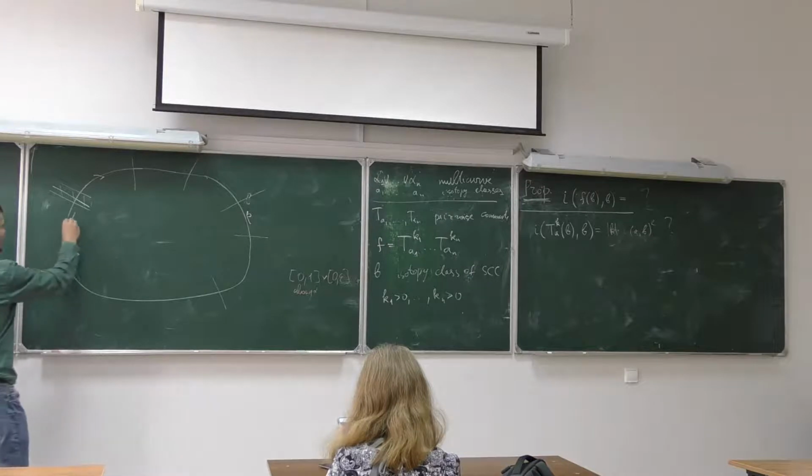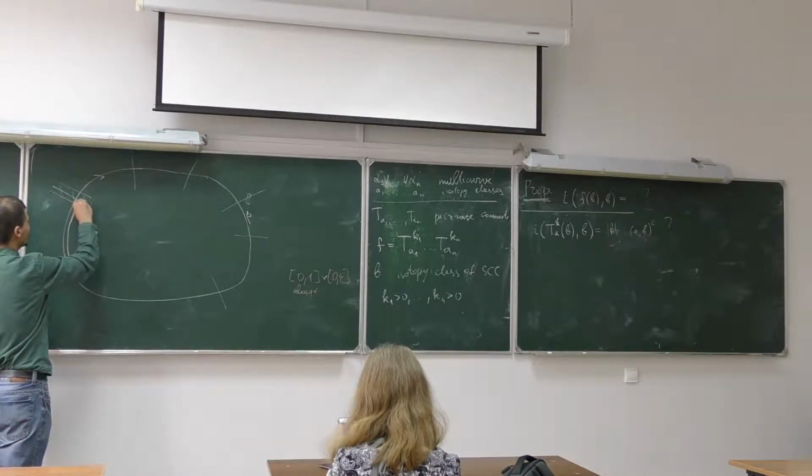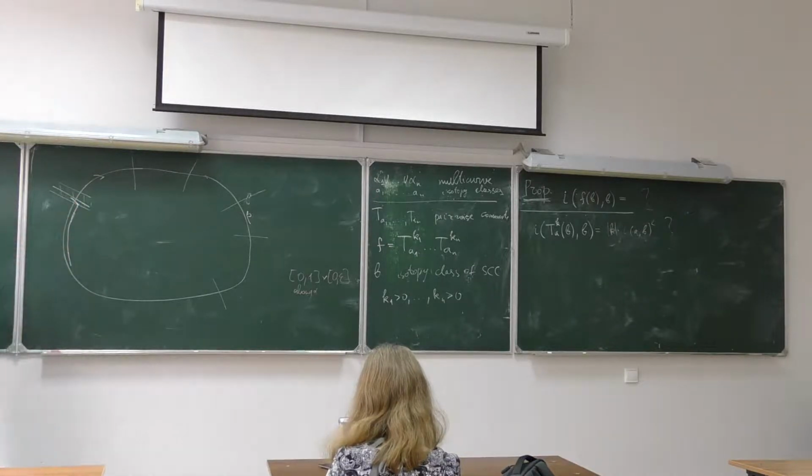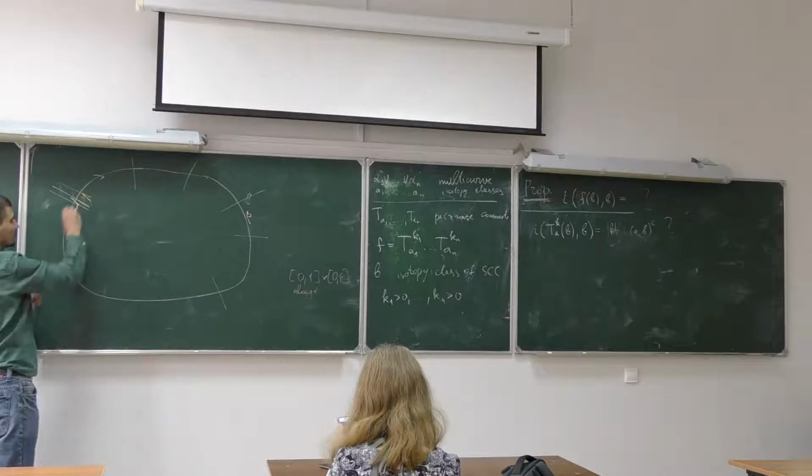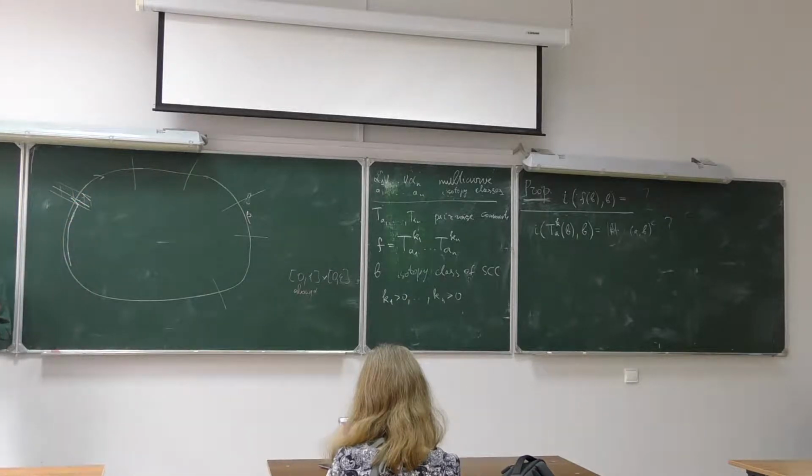Then it arrives here and starts to go linearly, so that it makes k turns when it passes here. Okay?